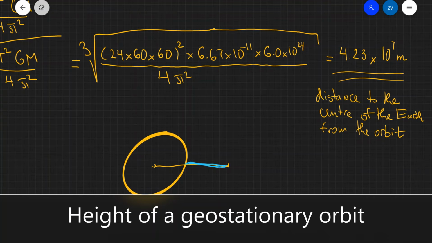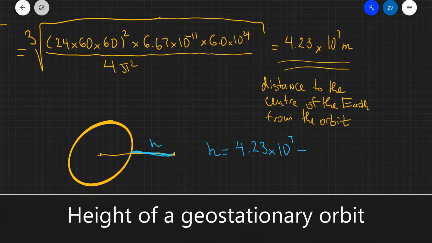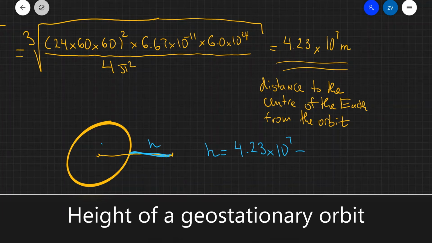Now this blue distance, which is the height, let's call it h, will be equal to 4.23 times 10 to the power of 7 minus the radius of the Earth, which is 6,400 kilometers, so it's going to be 6,400 times 10 to the power of 3 meters.